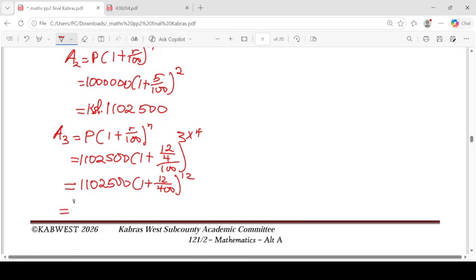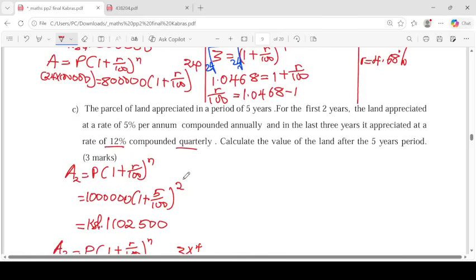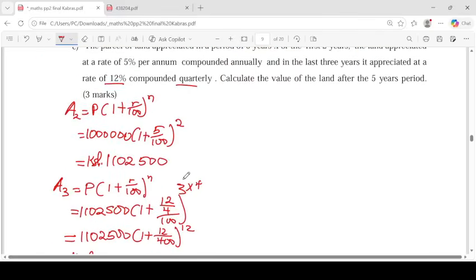So this will evaluate to Kenyan shillings 1,571,901.378. So that is the value of the land after the 5 years. I hope it is very clear.